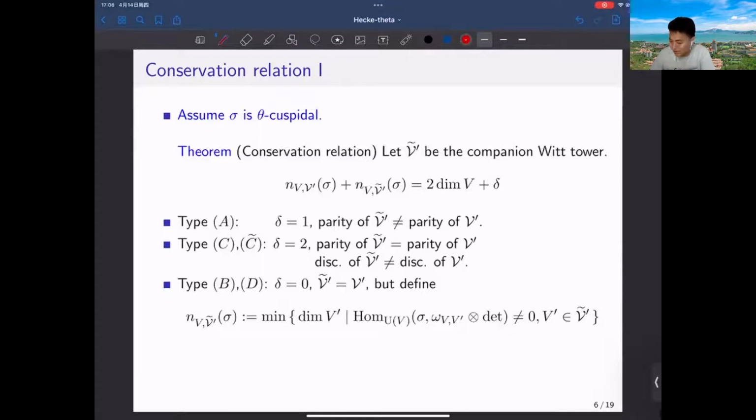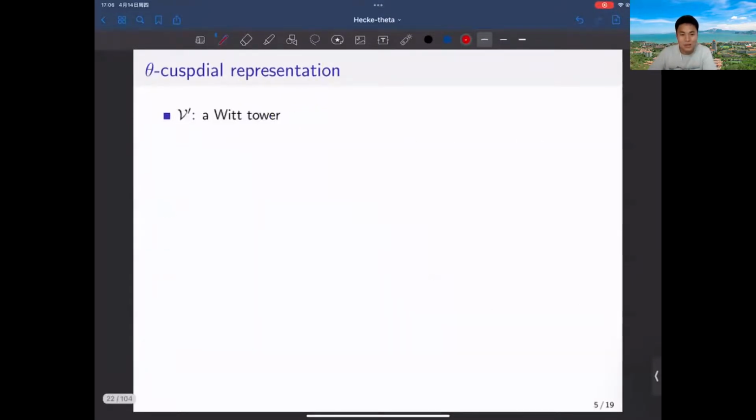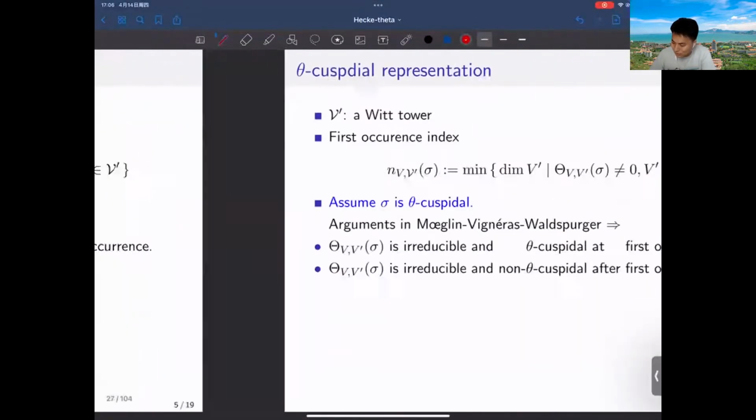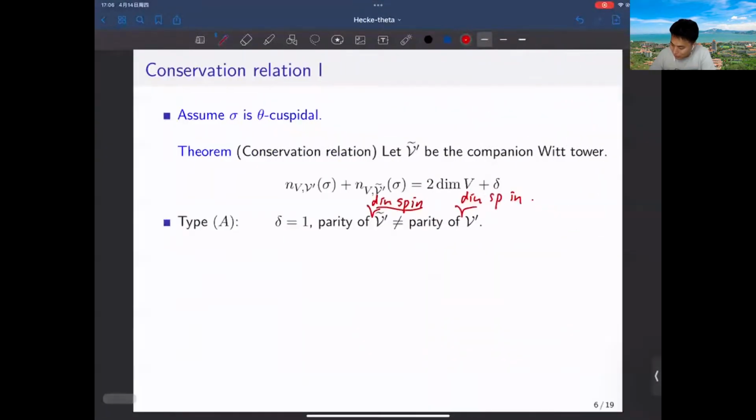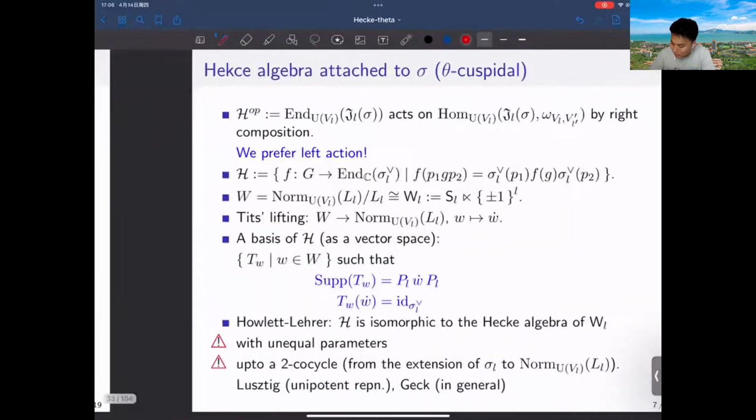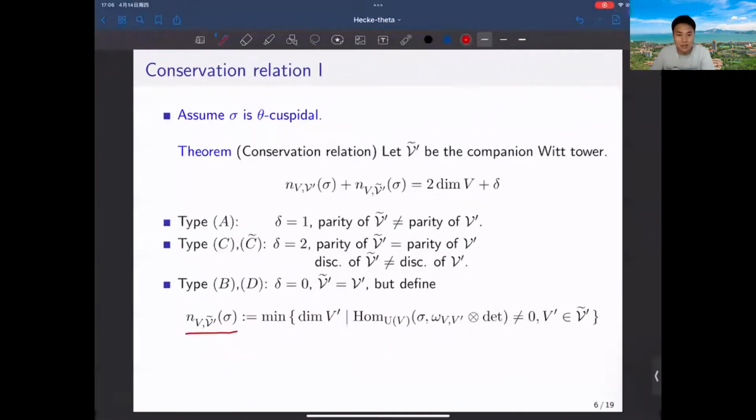However, we define the occurrence to be, actually what I should write is, the occurrence of V prime with sigma tensor determinant.